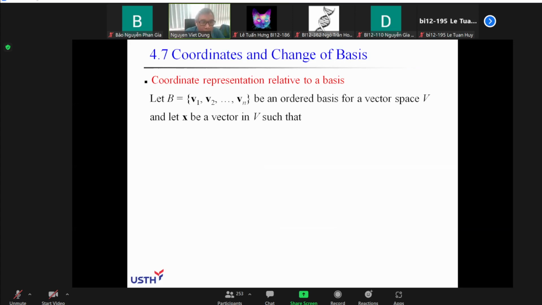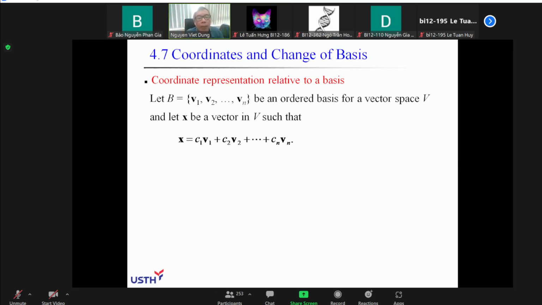But before that, the role of a basis is the following. Suppose that the vector space V is given with a basis B consisting of V1, V2 up to Vn. Now X is any vector inside V. Then we know already that any vector X inside V can be written uniquely, in only one way, as a linear combination of V1, V2 up to Vn.